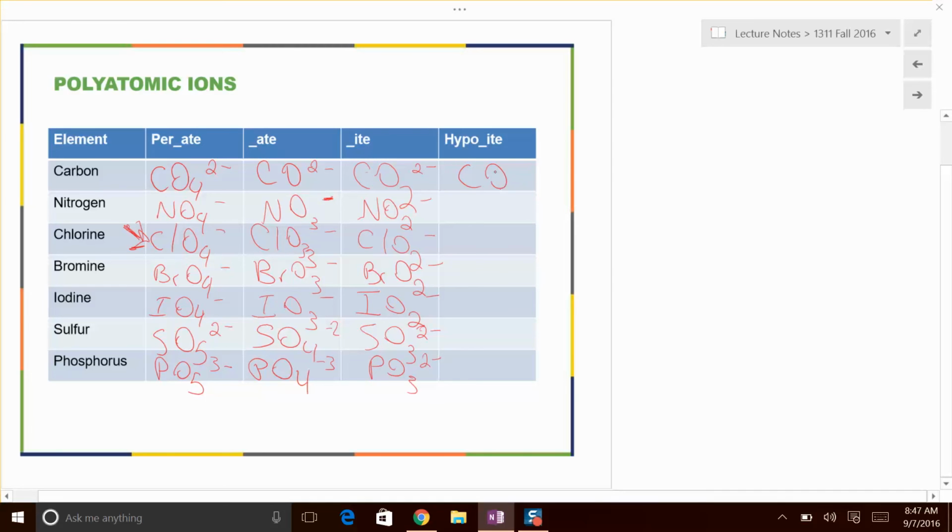So CO 2 minus, NO minus, ClO minus, BrO minus, IO minus, SO2 2 minus, PO2 3 minus. Carbonate, carbonite, hypocarbonite.